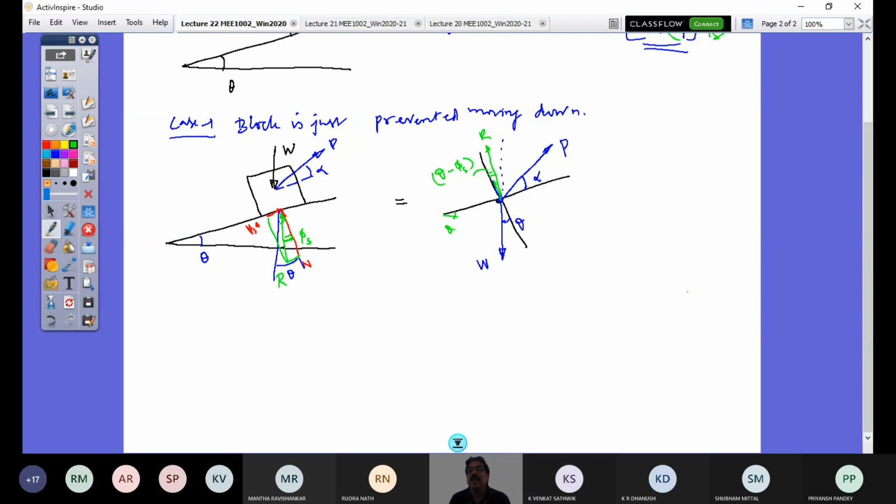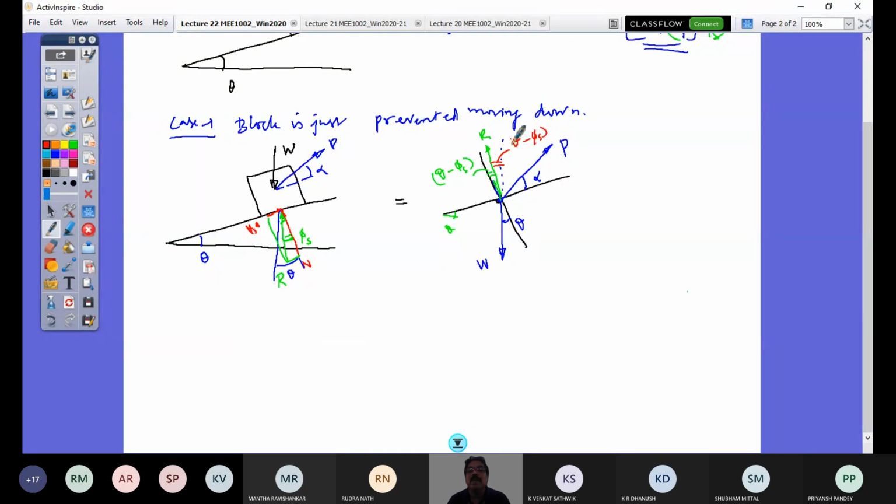Satvik, very good, excellent. So see here, whatever I represented, this angle is supposed to be to the vertical, right? Look at here, this theta minus phi s is to the vertical. So this angle, what I have drawn, should go here. You are correct, excellent. So this angle should go here. This angle is theta minus phi s.